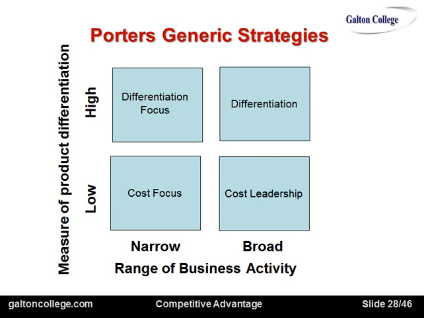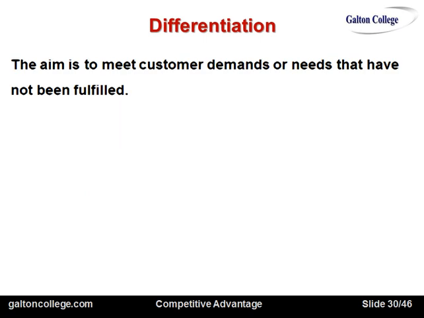There is a measure of product differentiation on the vertical axis, so low differentiation and high differentiation, and the range of business activity, quite narrow range of activities or a broad range of activities. And then the boxes fill out what the strategies could be. As I said, it is the subject of a separate set of videos, so I'm not going to labour the point here. Let's move instead to differentiation.